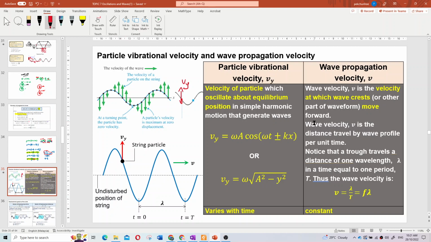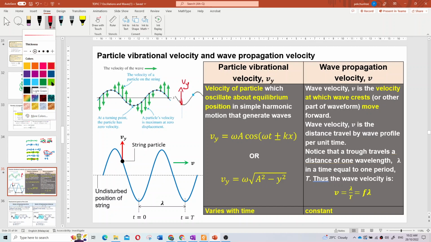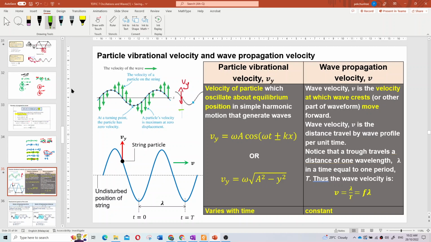But there is another velocity we call the wave propagation velocity, which is this green one, v equal to f lambda. You see the whole wave is actually moving to the right. That is the wave propagation velocity, v equal to f lambda.